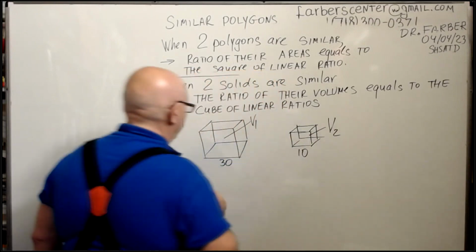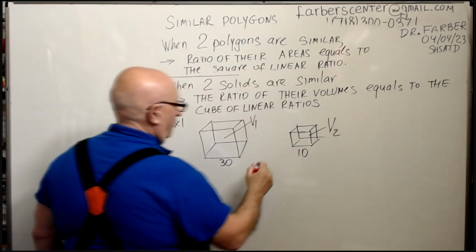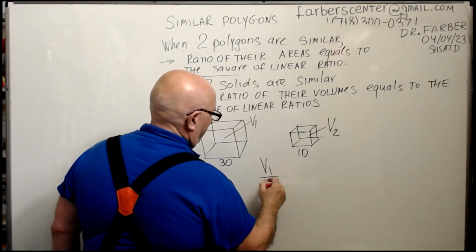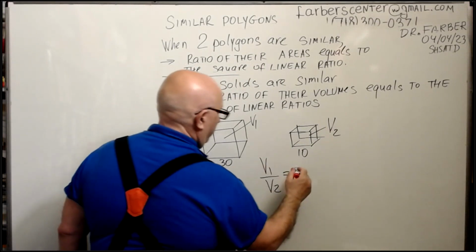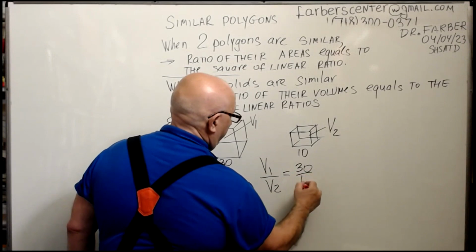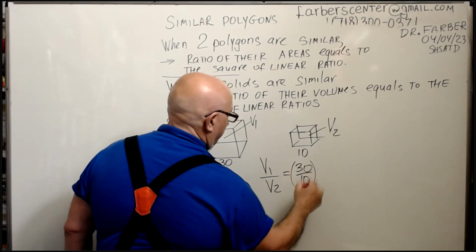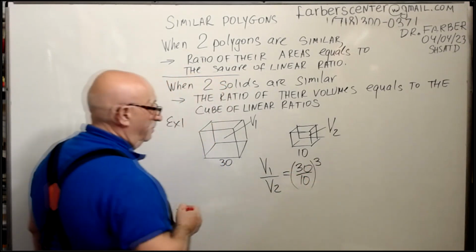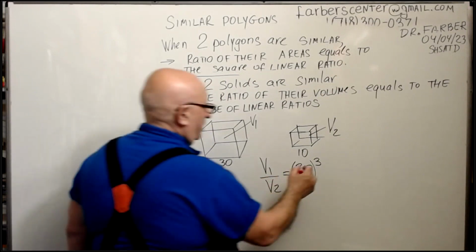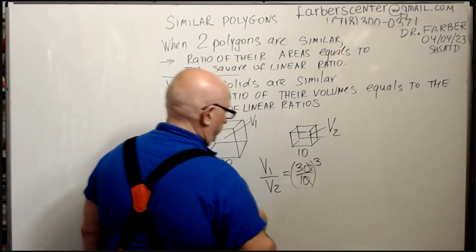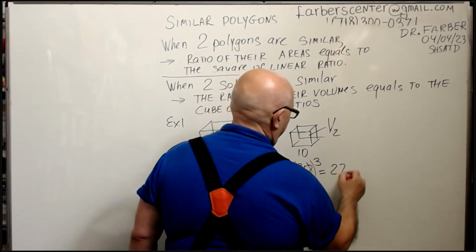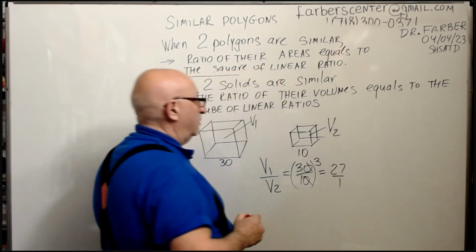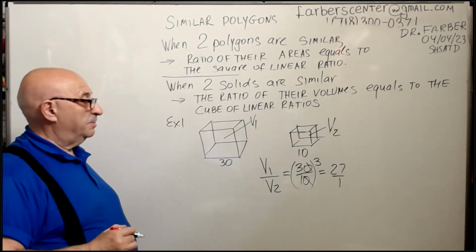According to this approach, volume 1 to volume 2 equals 30 over 10 to the third power. Cross it out. It would be 27 over 1. In one shot, we solve this easy problem.